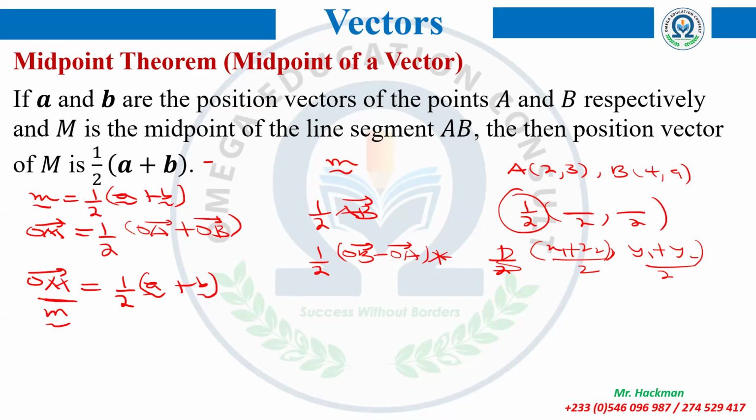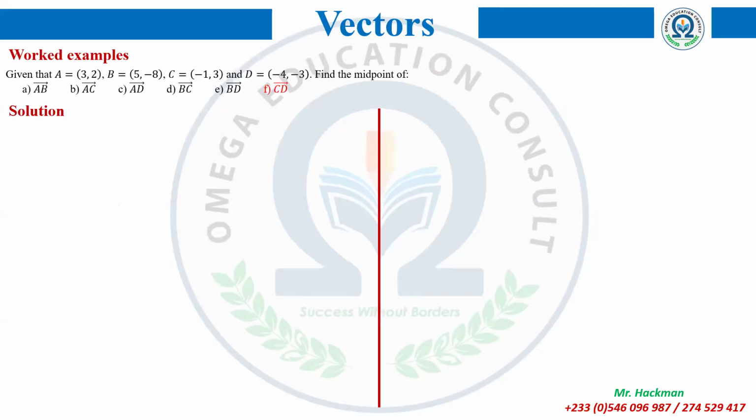Okay, so now that you are okay with this, let's look at one or two examples, especially under the midpoint theory. Given the point A (3, 2), the point B, so these are the points. You've been given 4 points, A, B, C, D. Find the midpoint of vectors.